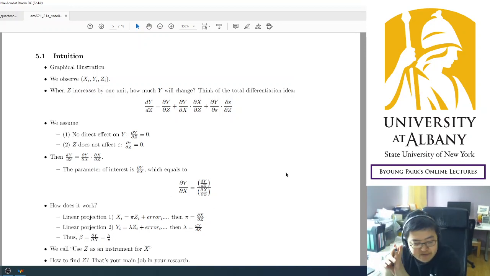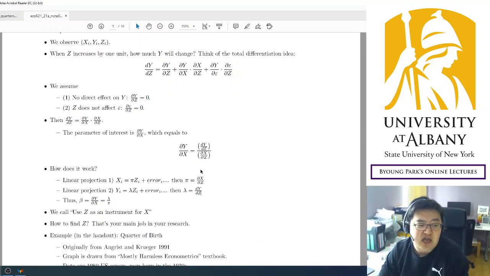Now you have to understand what endogeneity is, the definition, and why we cannot identify the effect of an endogenous variable. And then I want you to understand the role of the new variable, the instrument.